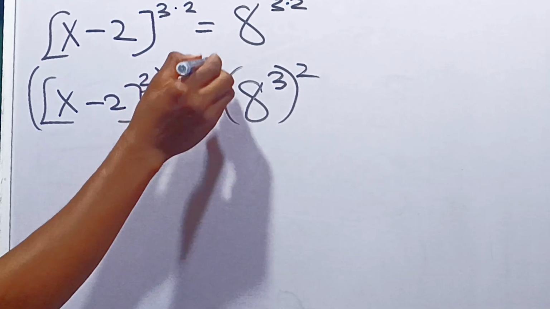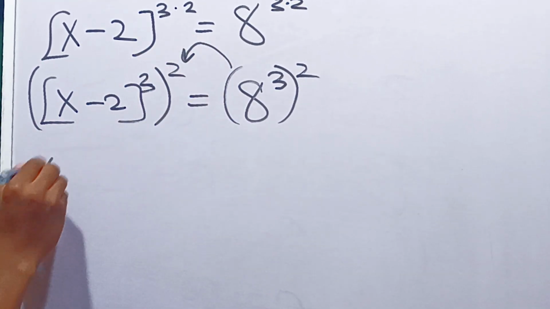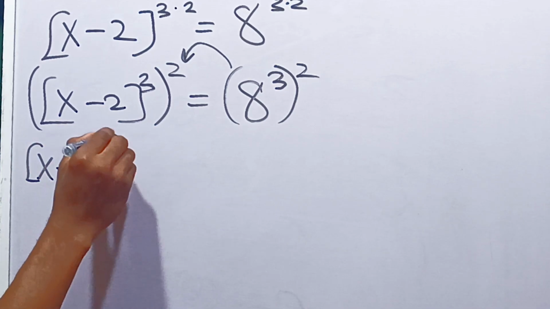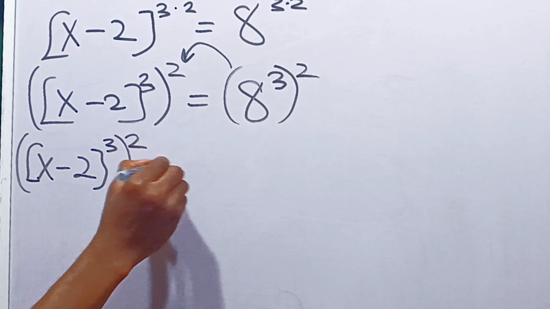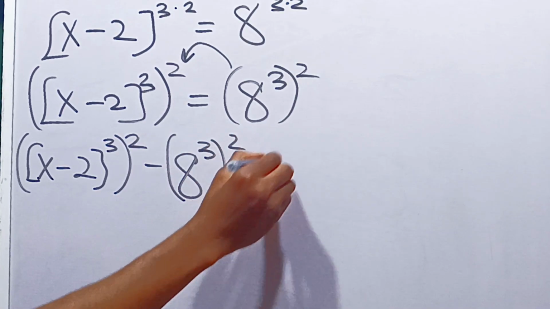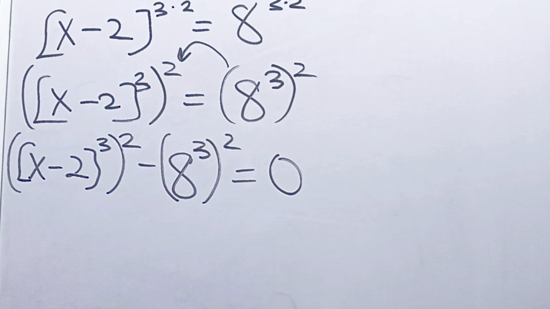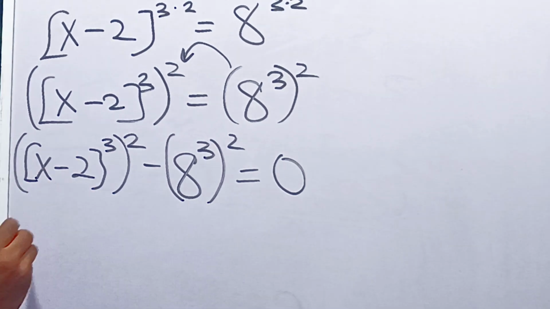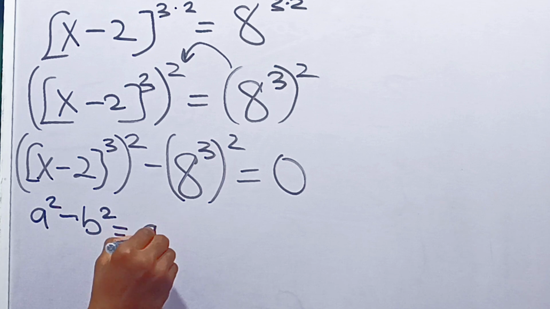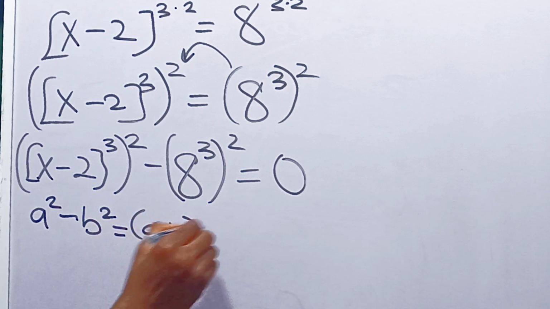We can move this over to the left hand side. So we have that ((x − 2)^3)^2 − (8^3)^2 is equal to 0. Okay? Now, using the law of difference of two squares, a squared minus b squared is equal to a plus b multiplied by a minus b.